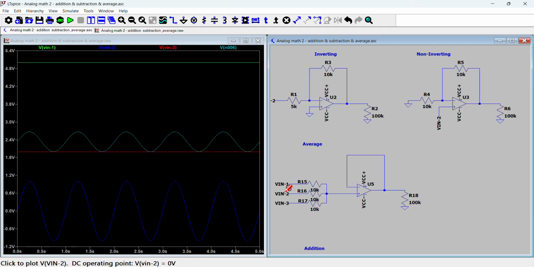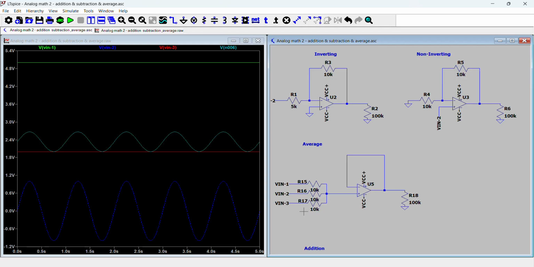Why does this work? Well, I'm not going to prove it mathematically. You can do that very simply by taking Kirchhoff's current law around this point. But essentially, a higher voltage is going to push current, and a lower voltage is going to sink current through this point. And the resistor values are essentially weights, so it's a weighted average. And if you make the resistor values the same, the weights are going to be 1 for every input.